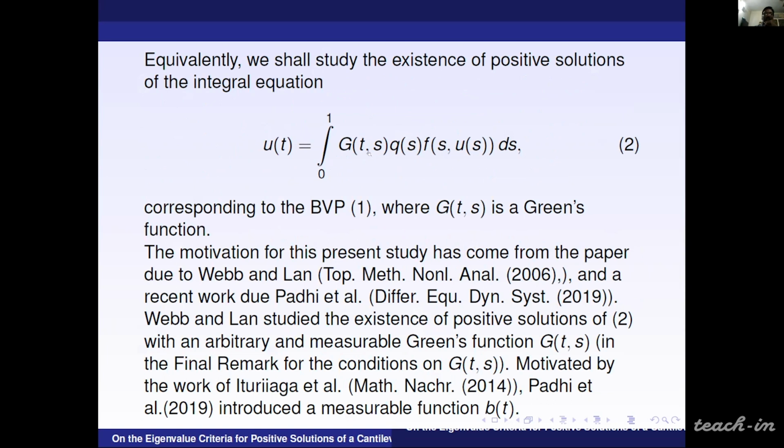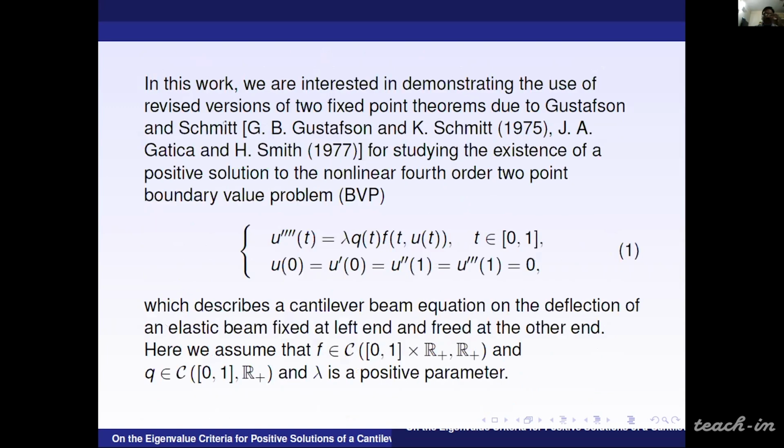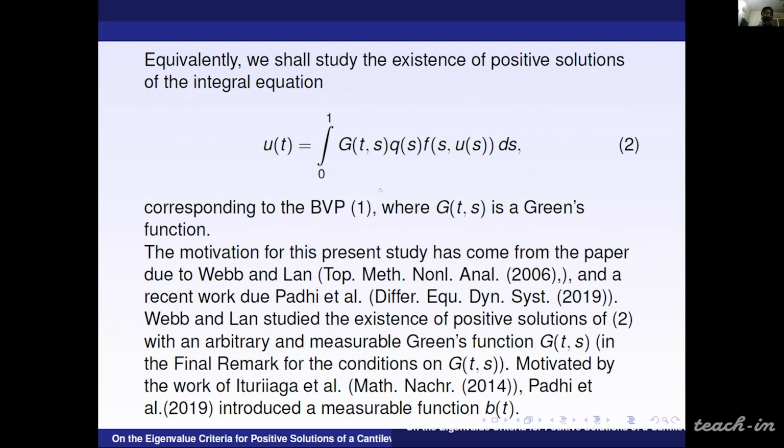If lambda is there, we can put lambda here, but we can consider an equivalent integral equation like this. And if G(t,s) is a Green's function, then using the bounds of the Green's function, we can study the existence of solutions of this type of integral equation.